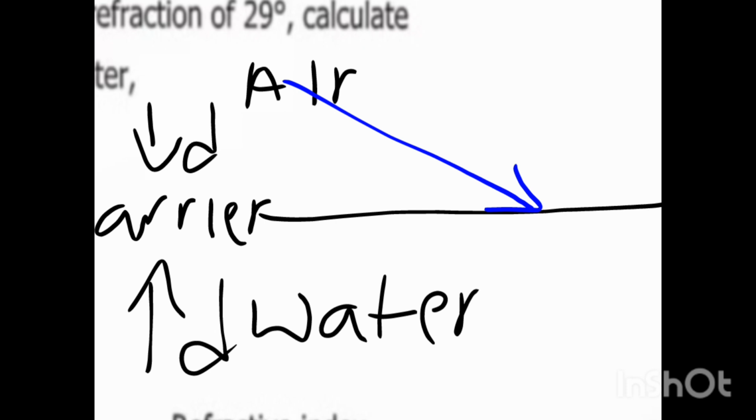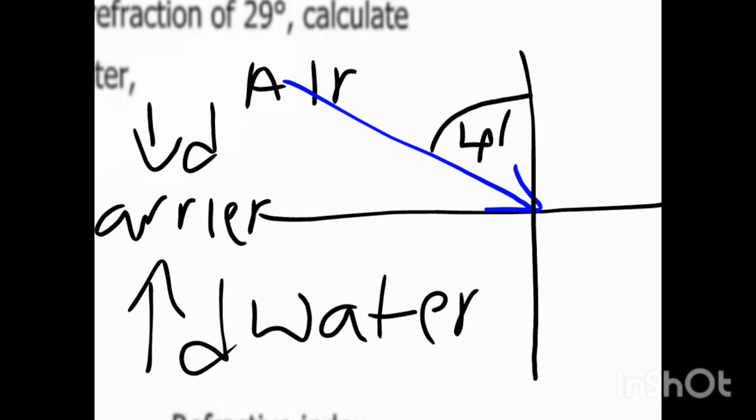I'll draw it like that. This light is traveling at an angle between the line of normal and the incident ray of 40 degrees.